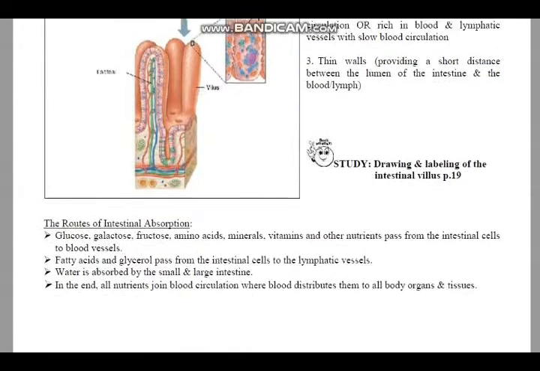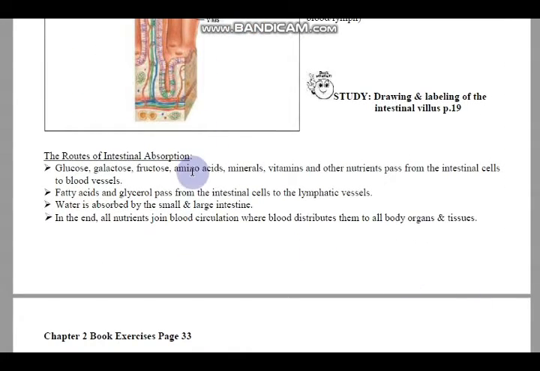Now, routes of intestinal absorption. Let me remind you, what are all the nutrients which are accumulated in the intestine? They are glucose, galactose, fructose, meaning all the monosaccharides, amino acids, minerals, vitamins and other nutrients.